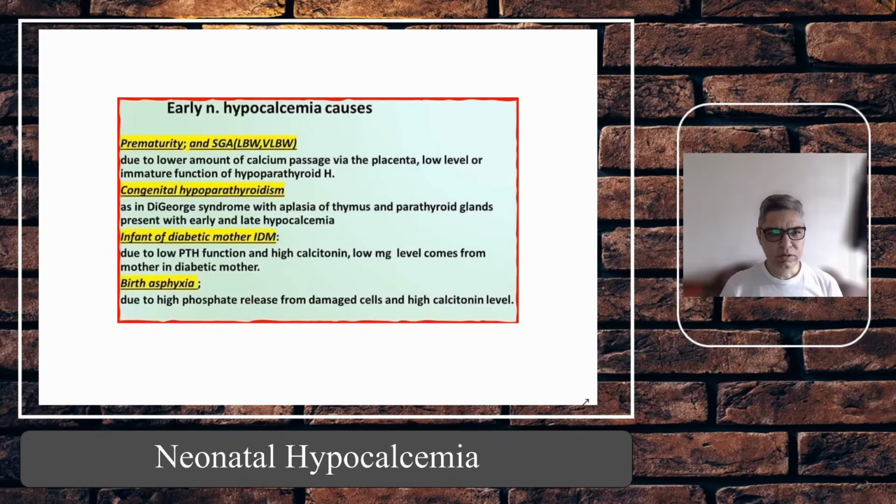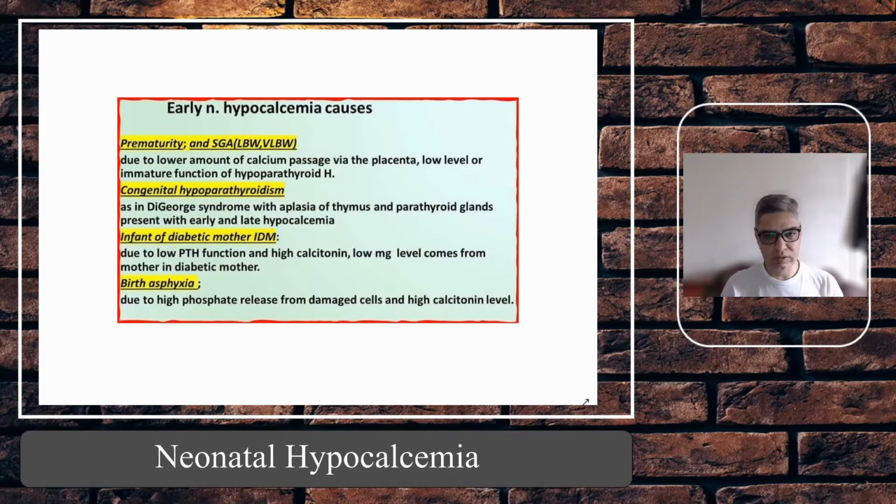So let's talk about the causes of early neonatal hypocalcemia. There are four reasons. The first one is prematurity and small for gestational age, and this includes low birth weight babies and very low birth weight babies. The reason in these babies is a lower reserve of calcium, because there is a low level of transfer of calcium from the mother through the placenta into the baby.